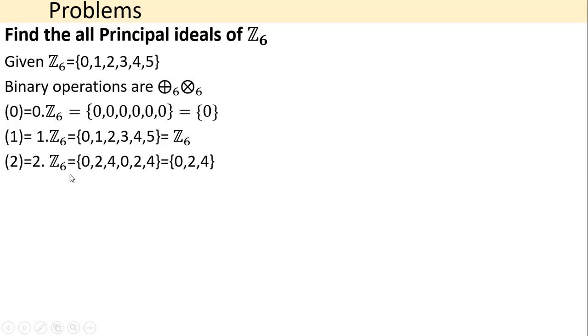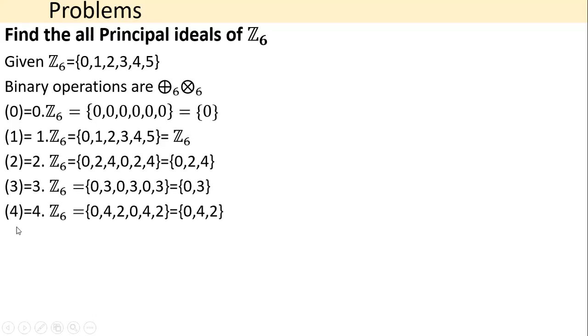Again, 2 times Z6, you will get 0, 2, 4. Similarly, 3 times Z6, you will get 0, 3. Again, 4 times Z6 is equal to 0, 4, 2. Then lastly, 5 times Z6 gives the whole of Z6.